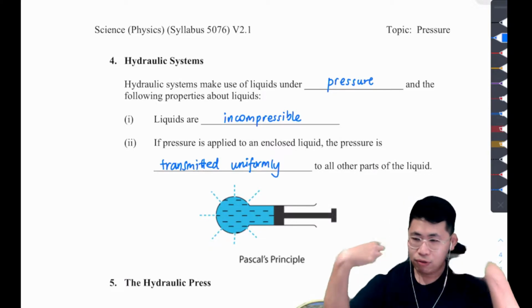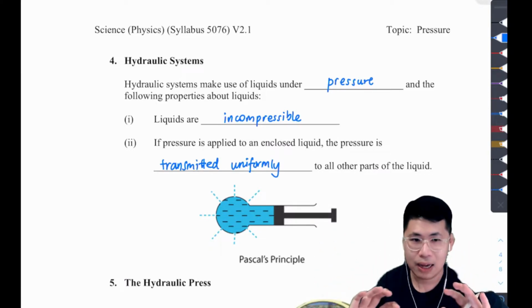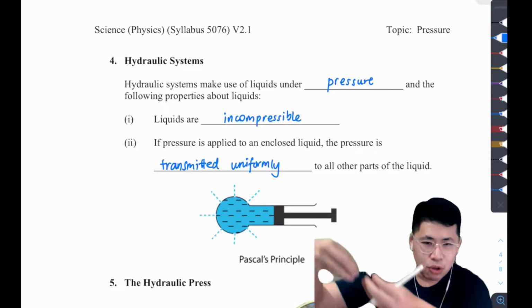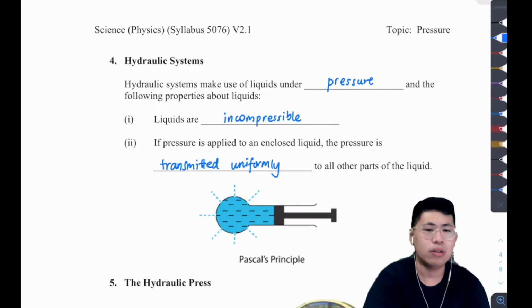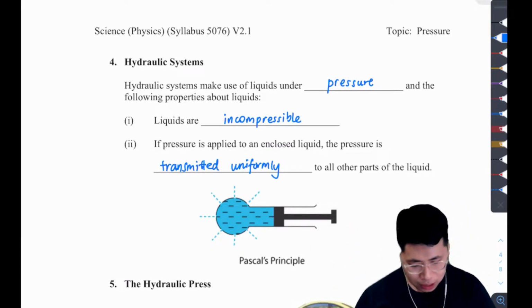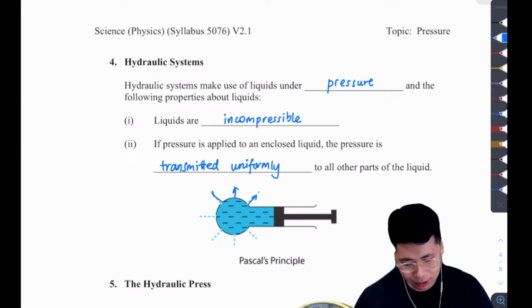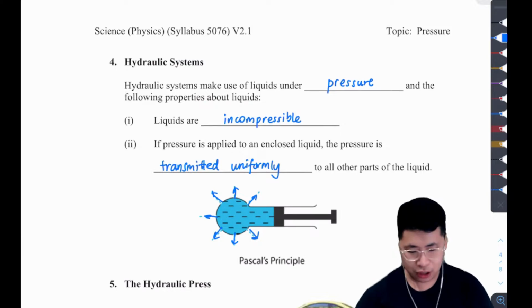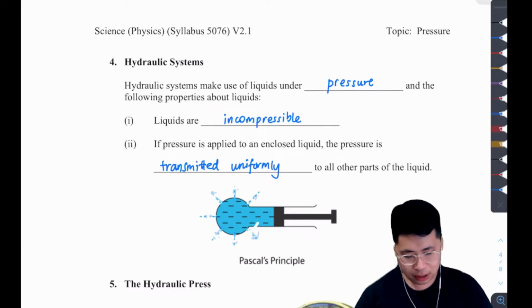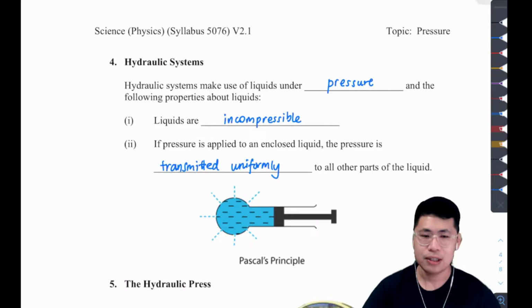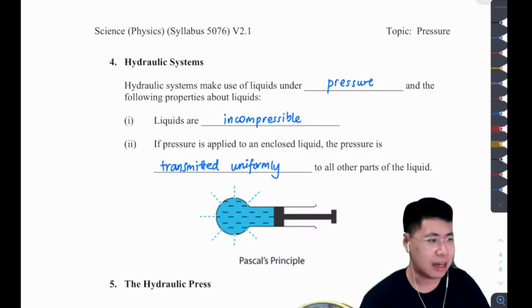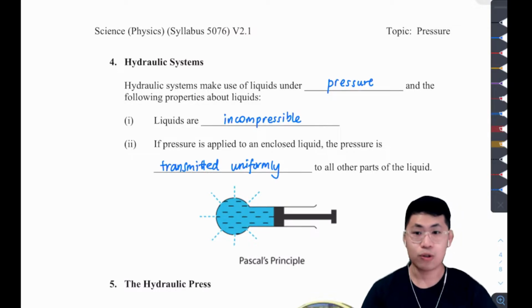So whatever force or pressure that you apply on one part of the liquid will be transmitted fully to all the other parts of the liquid. So as you can see over here, the water is ejected at equal pressure as soon as you apply a force to this contraption.